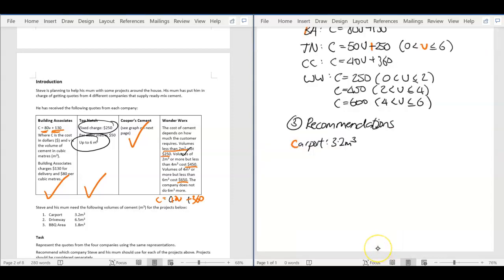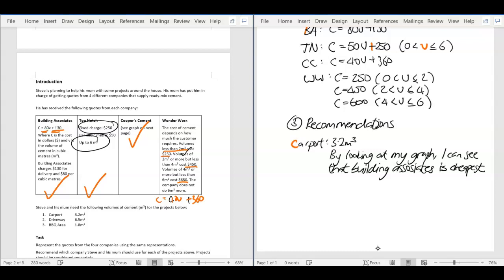So back to our other one. So by looking at my graph, I can see that Building Associates, mind the bad spelling, Building Associates is cheapest for the carport.